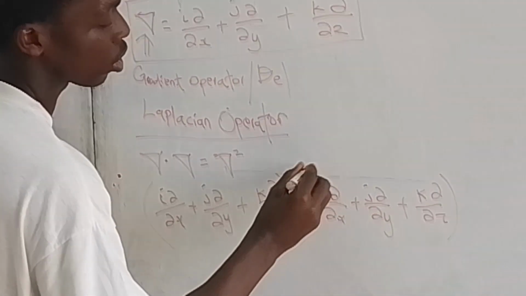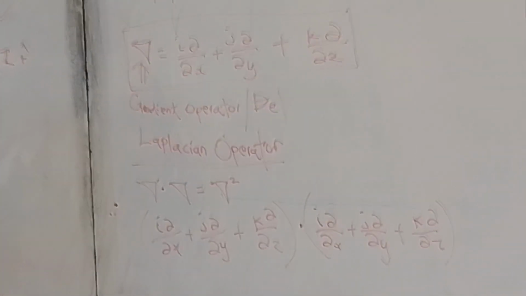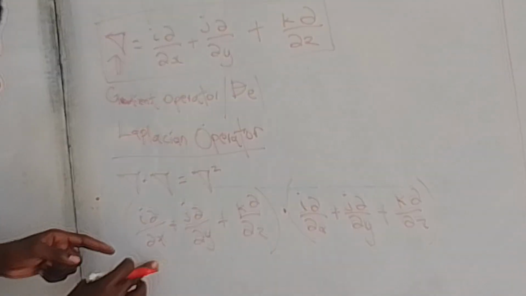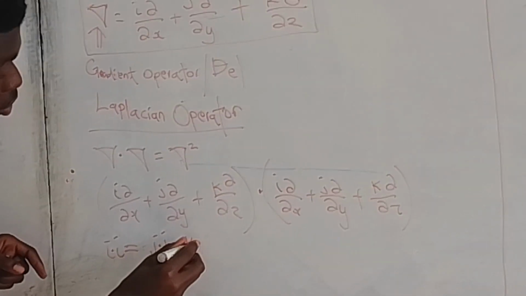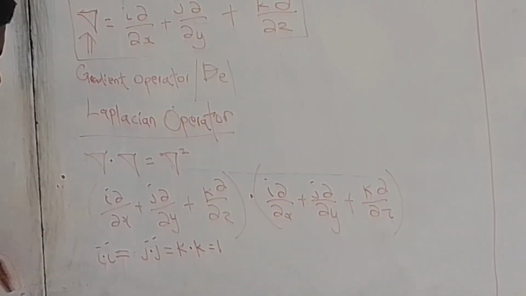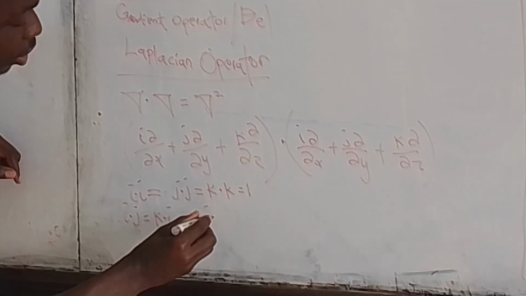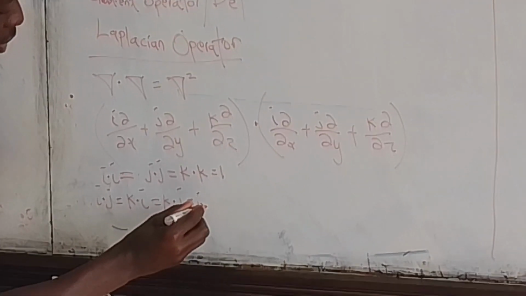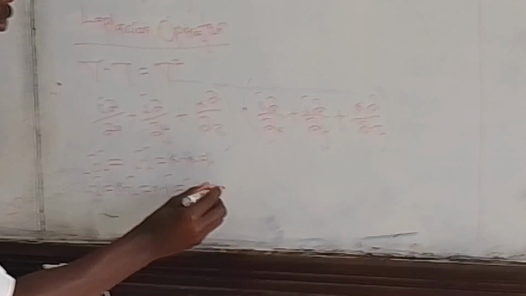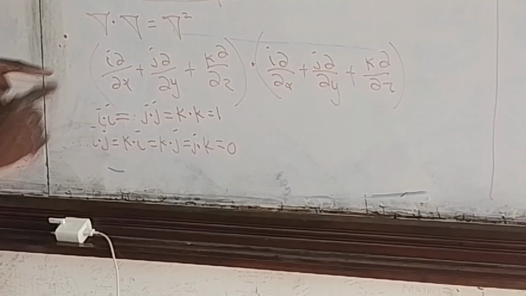Meaning i dot i is 1, i dot j is 0, j dot i is 0, j dot j is 1, k dot k is 1, k dot i is 0, k dot j is 0, j dot k is 0.